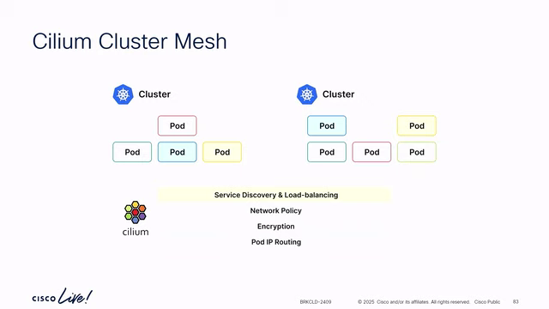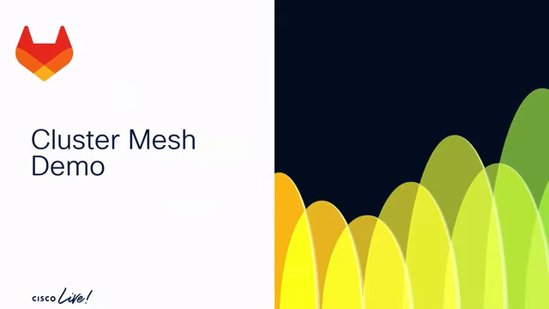And then we can do something like this, right? We have our cluster on the left, we have our cluster on the right, we can do load balancing and service discovery, we can do network policy, basically firewalling, micro-segmentation, we can do encryption between locations or even inside locations, and we can do routing. So with that, I'd like to show you a demo.